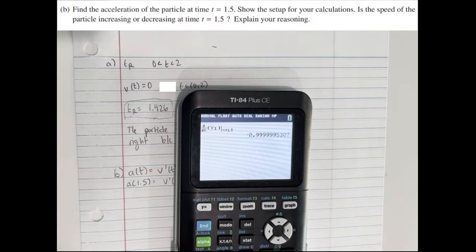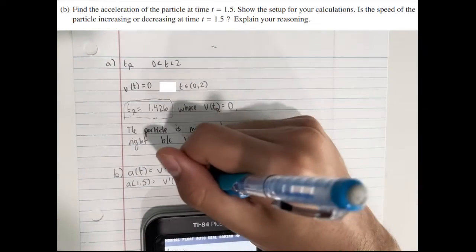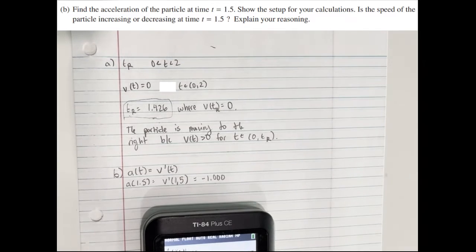And that is negative 0.999, and rounding, we get negative 1.000. They do not give us units in the problem, so we can't really include any units.